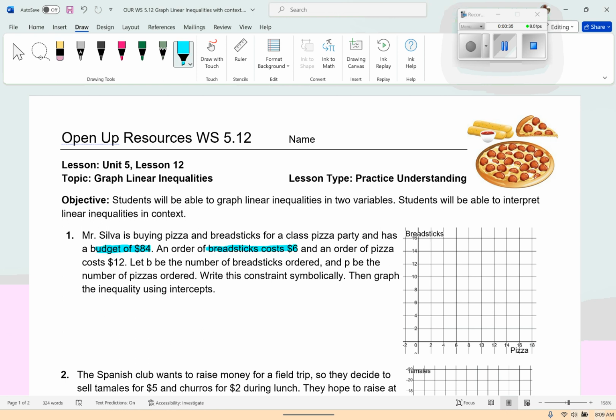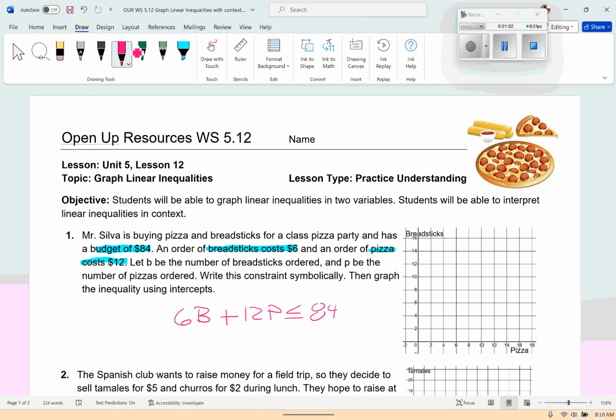Breadsticks cost $6 and pizza costs $12. Let B be the number of breadsticks and P be the number of pizzas ordered. So we are going to do $6 for breadsticks plus $12 per pizza, and he can spend up to $84. Can't spend over that.